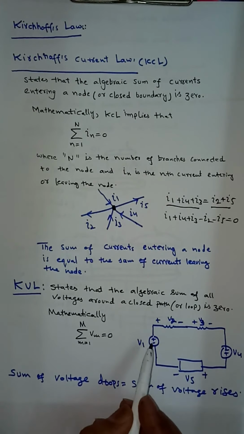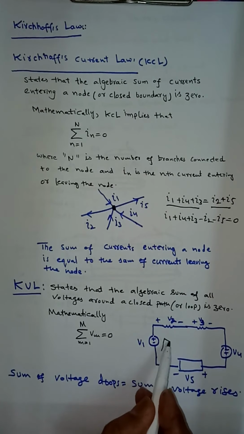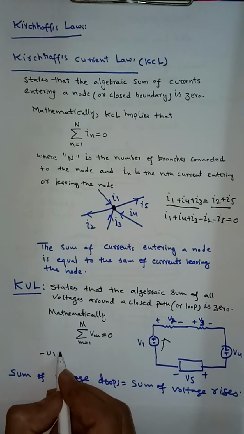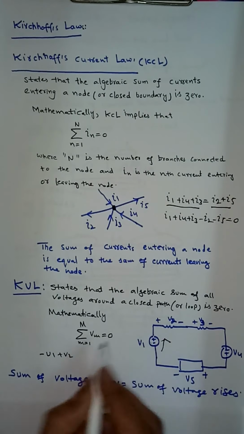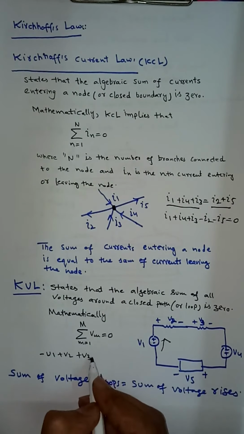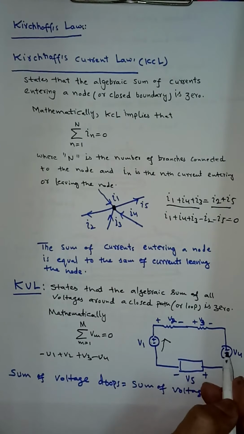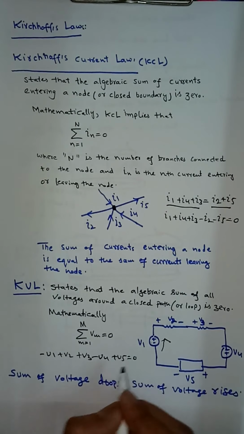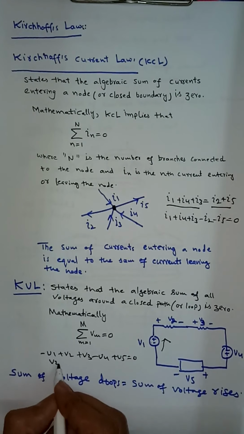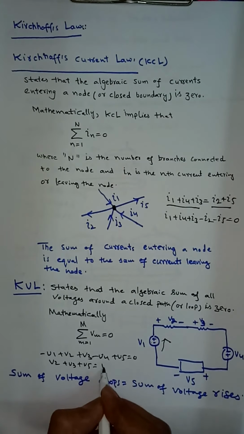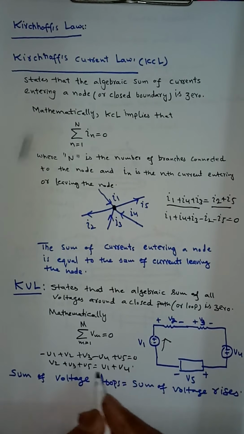In this particular circuit, if we start from here, we have minus V1, then plus V2, then plus V3, then minus V4, and then plus V5, equal to 0. Or we can simply write that V2 plus V3 plus V5 equals V1 plus V4. So the sum of voltage drops is equal to the sum of voltage rises.